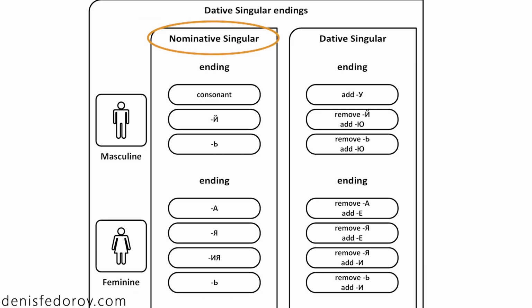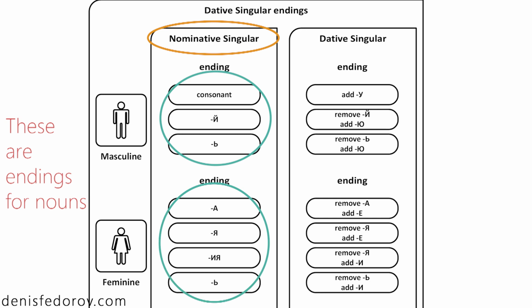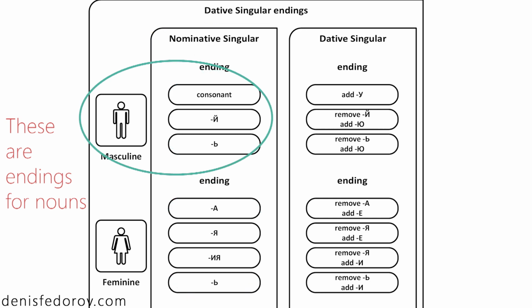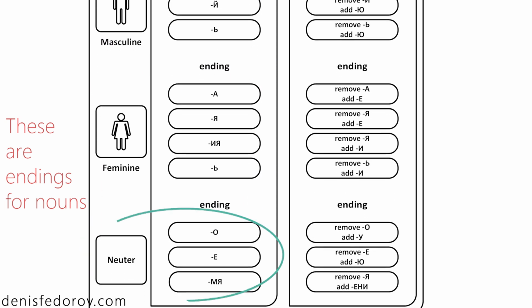Then, as you can see, Russian words do not just end in some random chaotic manner, but they follow patterns, so they are allowed to end this way, only in some certain letters. These endings belong to masculine gender, these to feminine, these to neuter. So the gender in Russian is decided via looking at the last letter of the word.